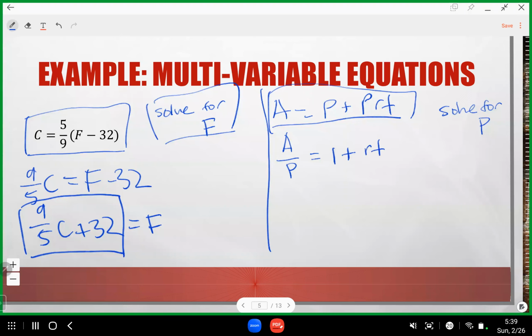And then after that we do the reciprocal. So it's P over A equals 1 over 1 plus RT. And then after that, we multiply everything by A. So P is equal to A over 1 plus RT.